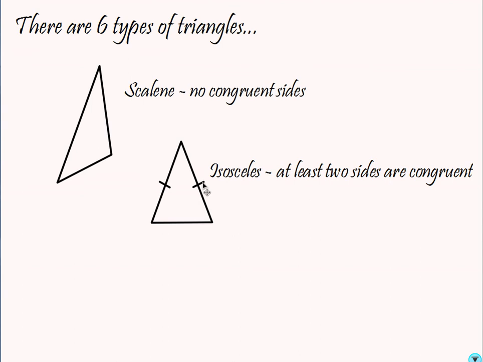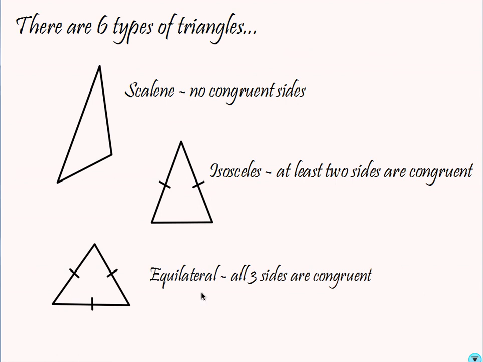Normally, when you see only 2 sides are congruent, that's called isosceles. If you have more than 2 sides that are congruent, we call that equilateral. Technically, equilateral is an isosceles triangle since it says at least 2 sides are congruent, but in general you would call 3 sides being equal equilateral and 2 sides being equal isosceles.